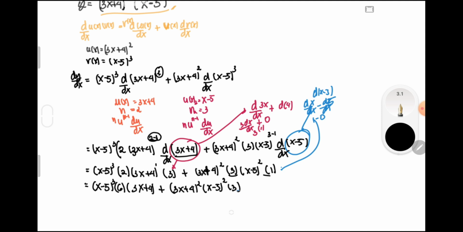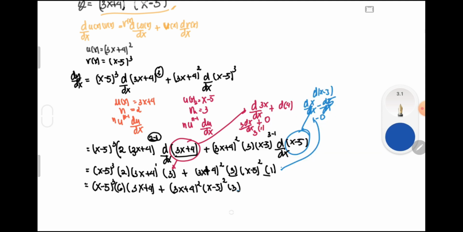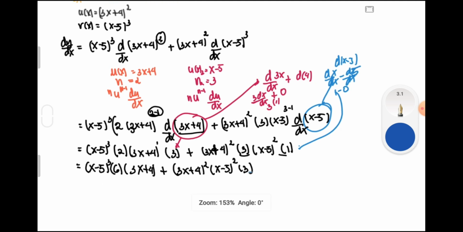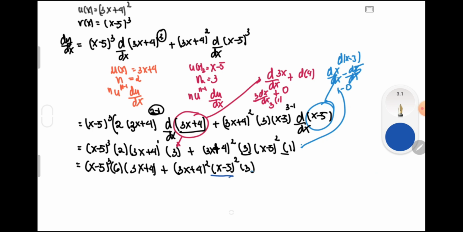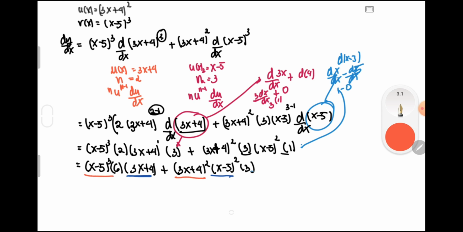And so, for more simplification, ang next na gagawin natin is to factor out our (x − 5)^2 and (3x + 4). Since these terms are both common to the equation, true sila sa equation natin, and also our 3, which is also a factor of 6, which is 3 multiplied by 2.